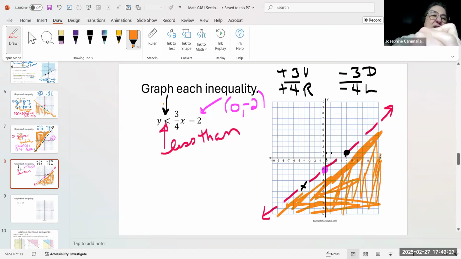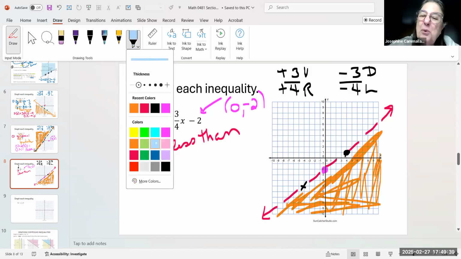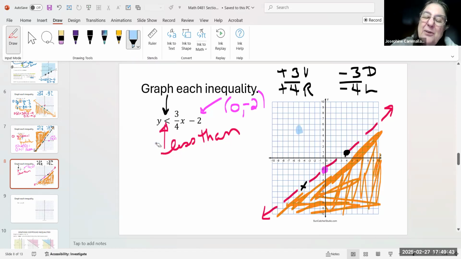Well, again, just to make life interesting, I'm going to pick a point in the area up above. Let's pick this point. Let's do this one right here. That's my blue point. That's my checkpoint, my test point.